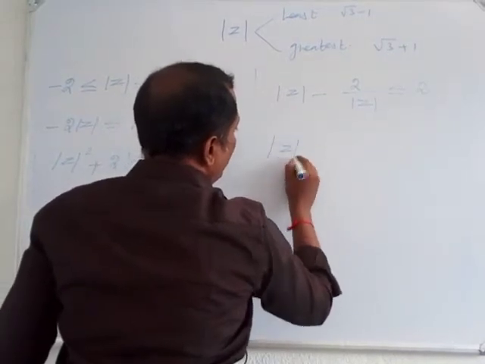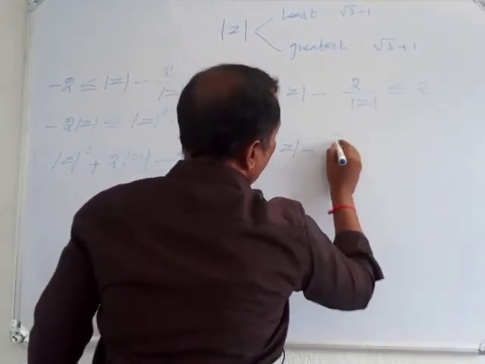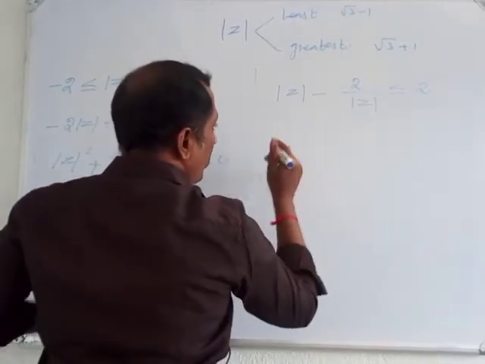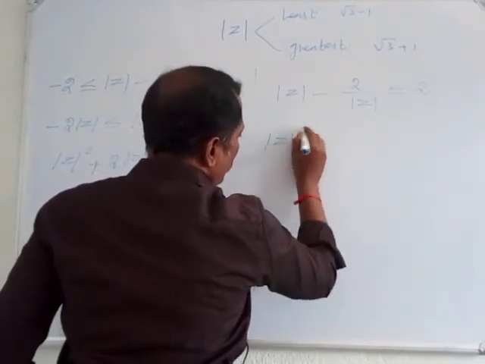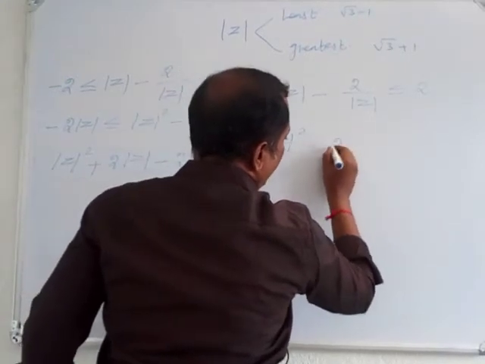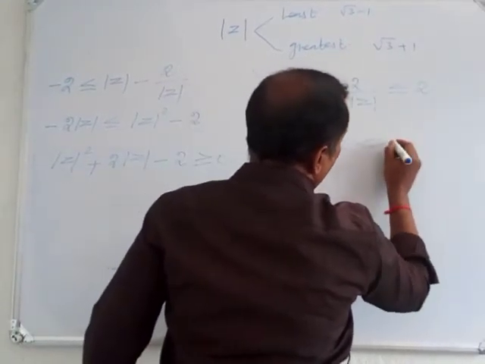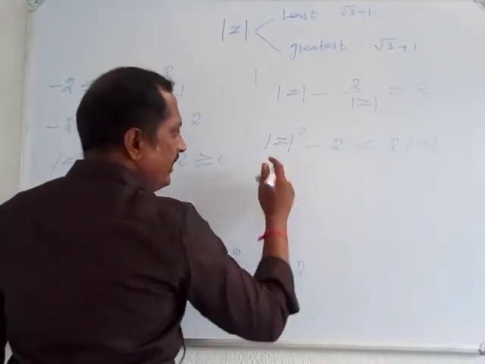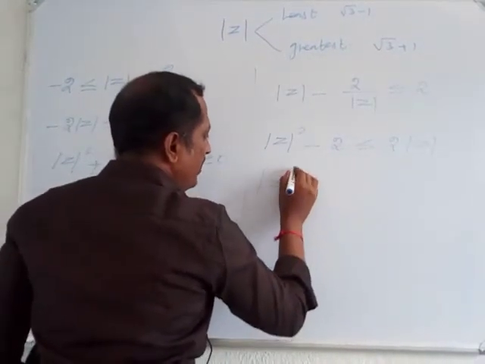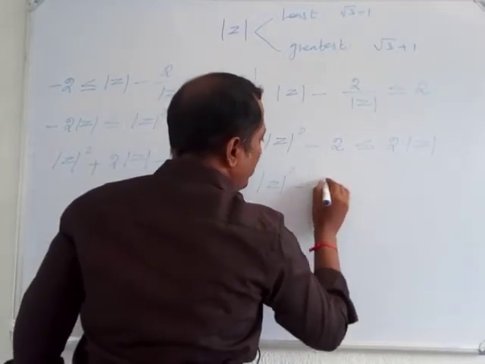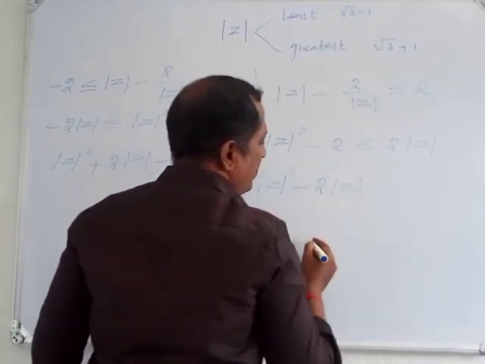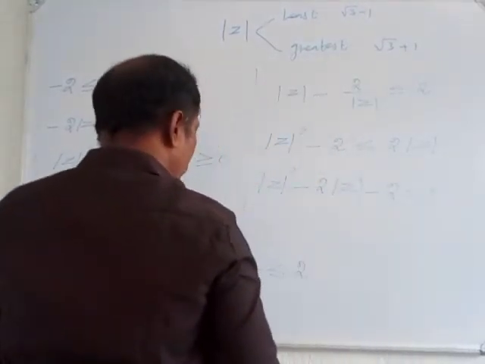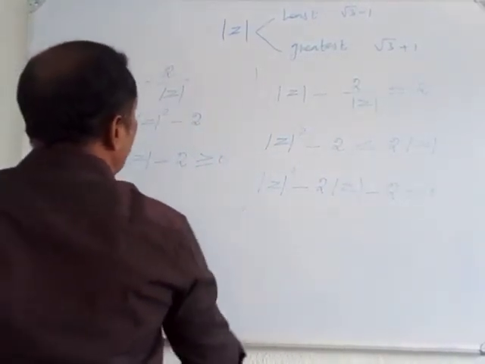Multiplying throughout by modulus of z, we get modulus of z square minus 2 less than or equal to 2 times modulus of z. And then this value comes to the left side: modulus of z square minus 2 times modulus of z minus 2 is always less than or equal to 0.